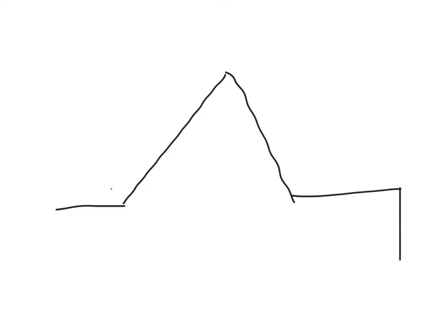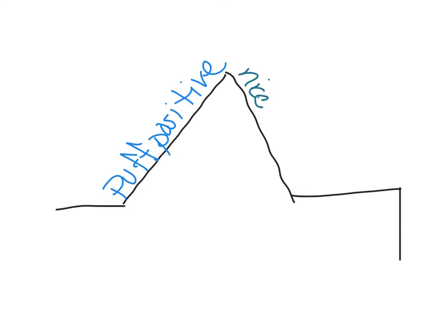So we start with puff, puff, positive. Remember, he's going uphill. That's hence the puffing. It's hard to go uphill if you've ever skied before. Then the right side there, that'll be a nice negative, because it's nice to go downhill.